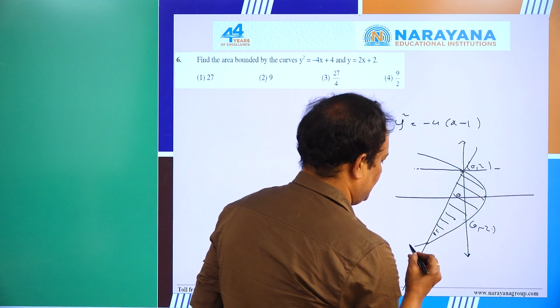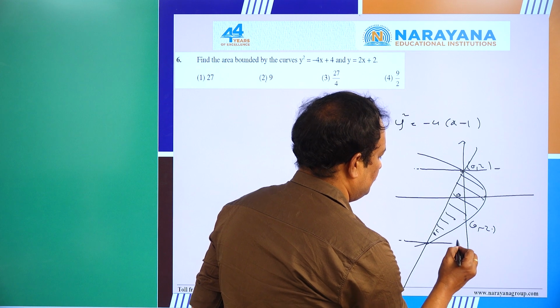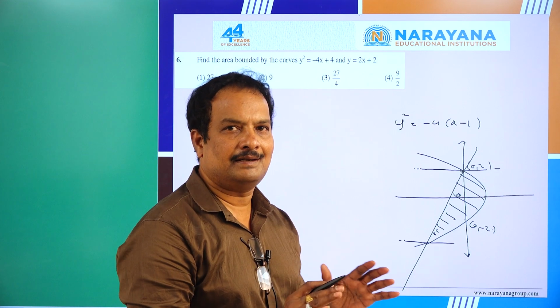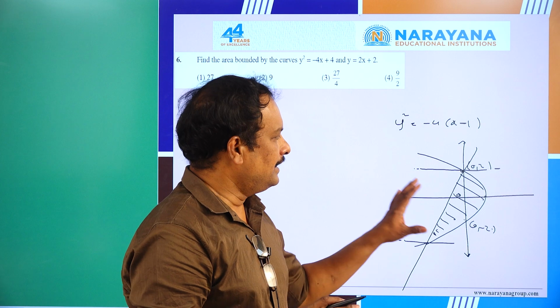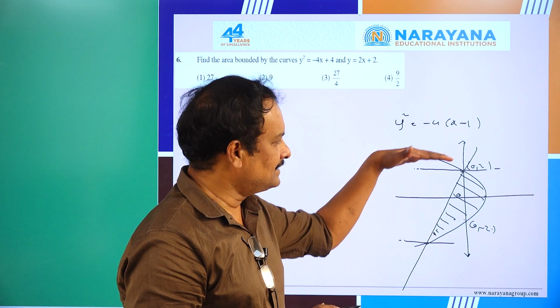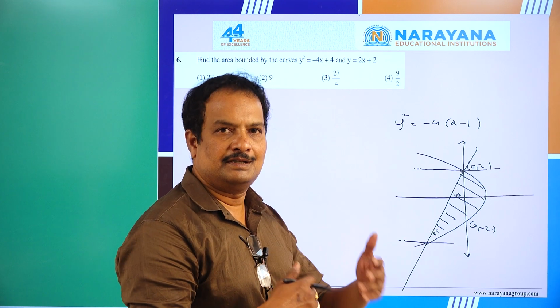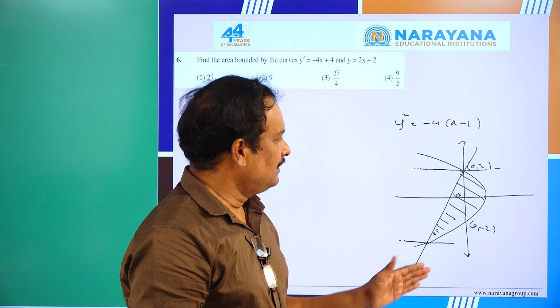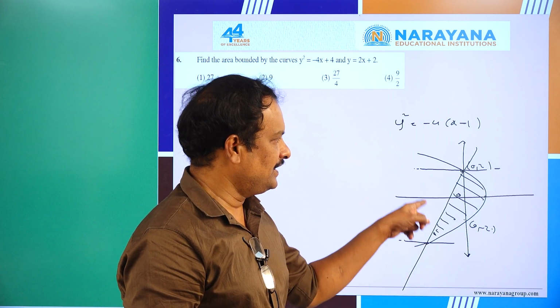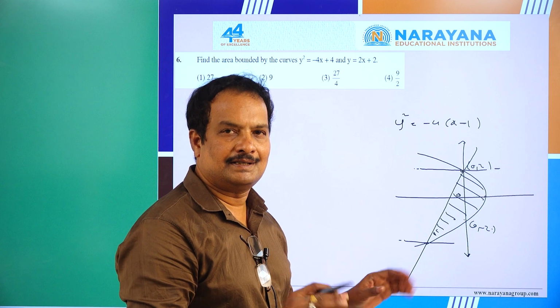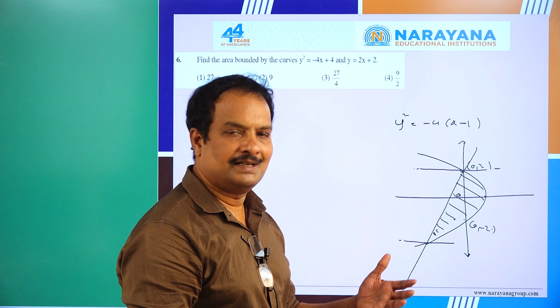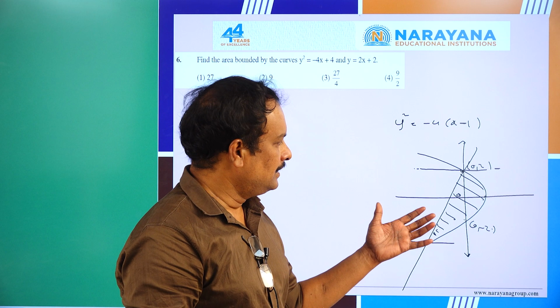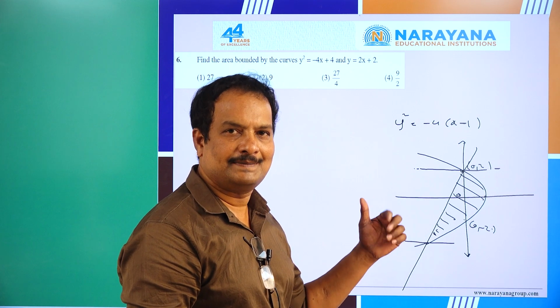If you take this line and also this line, between the two horizontal lines, the entire area bounded by these two is exactly lying between these two. So it is better to calculate with respect to y only, whereas if I take vertical lines through the points of intersection, the entire area does not lie between them. Because of this reason, we are supposed to integrate with respect to y only.